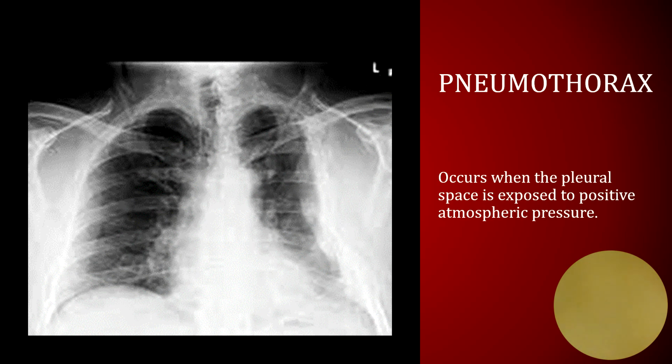It will lead to decreased filling of the heart and decreased cardiac output. Eventually, it's going to cause compression of the heart and push all of the organs inside the chest to the opposite side. We call this a mediastinal shift. And with a mediastinal shift, you'll start seeing tracheal deviation.